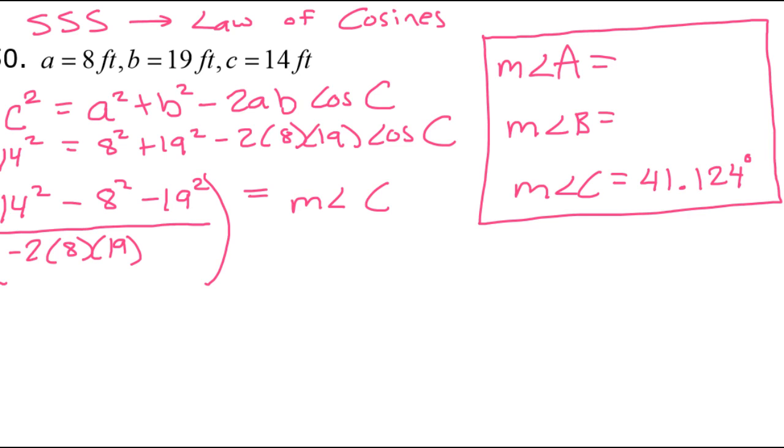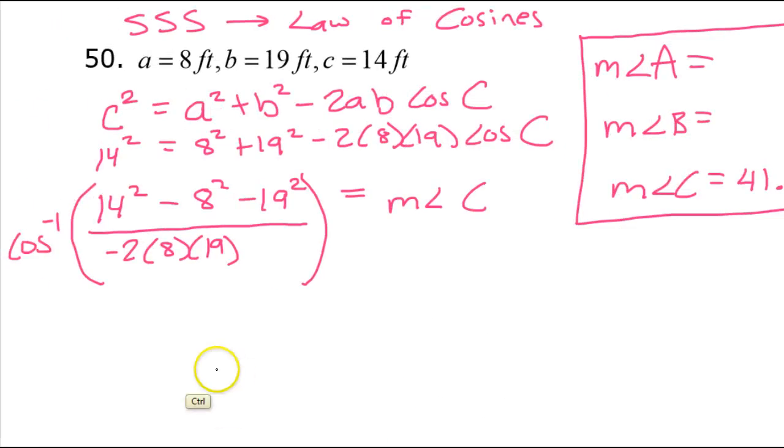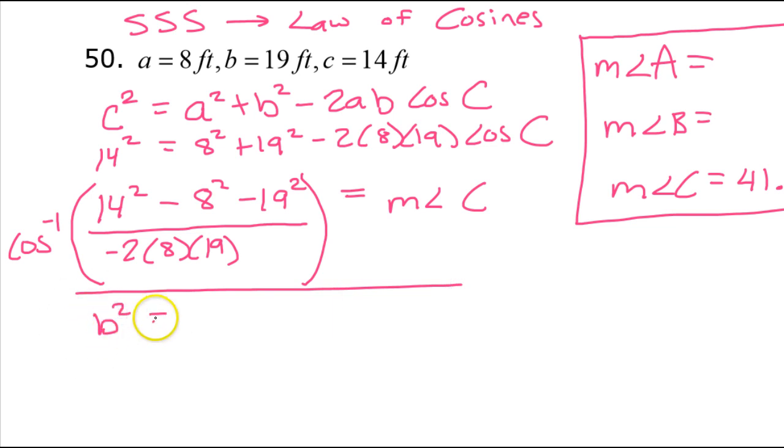So now I need to find, for example, the measure of angle B. Because I'm looking for the measure of angle B, I'm going to start off my equation with B squared. So I will have B squared is equal to A squared plus C squared. But then I'll have minus 2AC, and then the cosine of angle B. And angle B is what I'm looking for now.